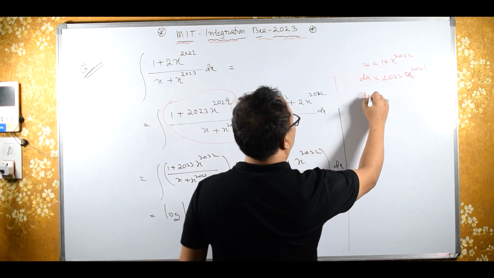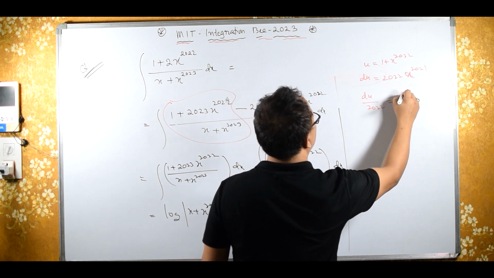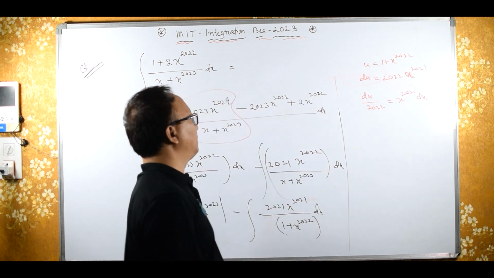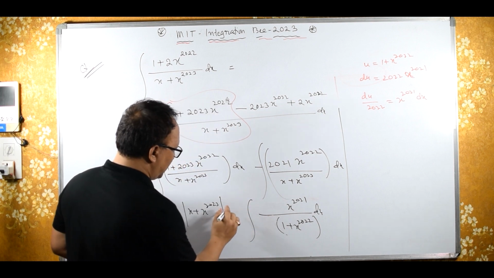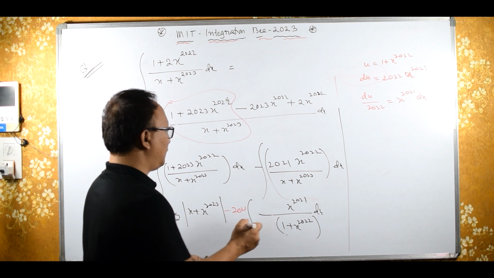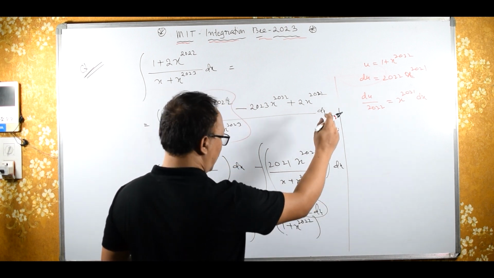Therefore du upon 2022 is equal to x raised to 2021 into dx. Now this 2021 I can send outside, it is constant. So I am sending 2021 outside. Therefore this is my du.